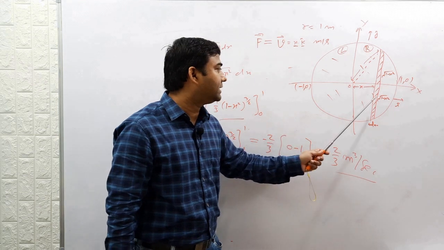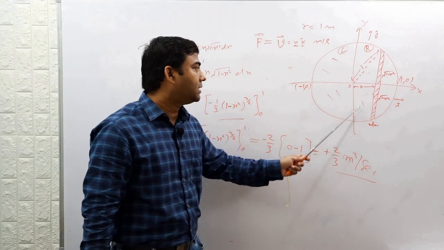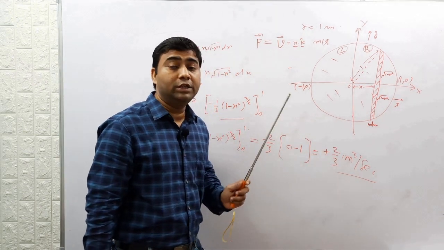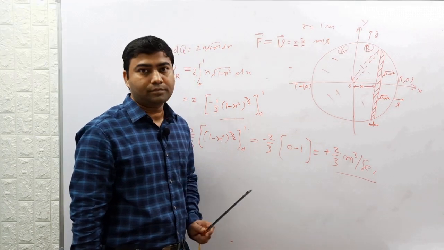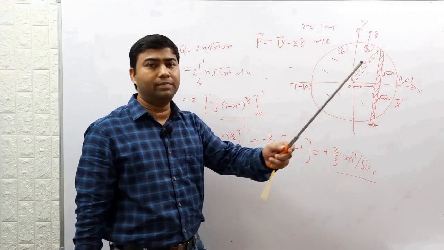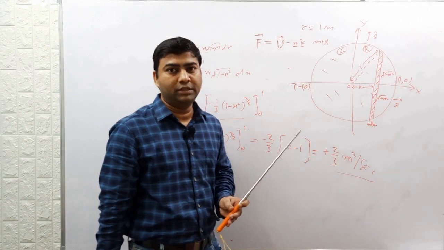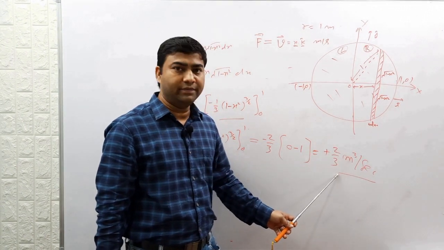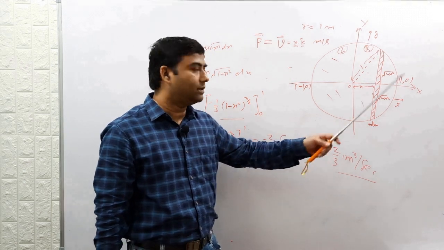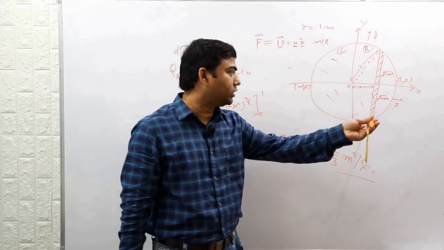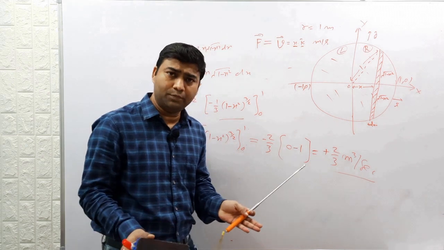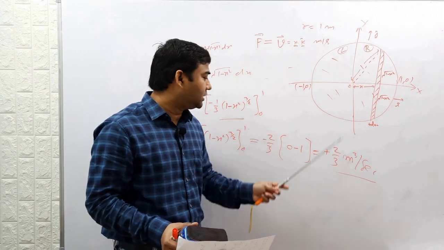Vector V and vector A in this region are in the same direction, hence V dot A is positive. Our flow is in the above direction. If you assume the below direction is positive, then this will be negative. V will be the same in the above direction and area will be in the below direction. Both vectors are opposite, so the dot product will be negative.